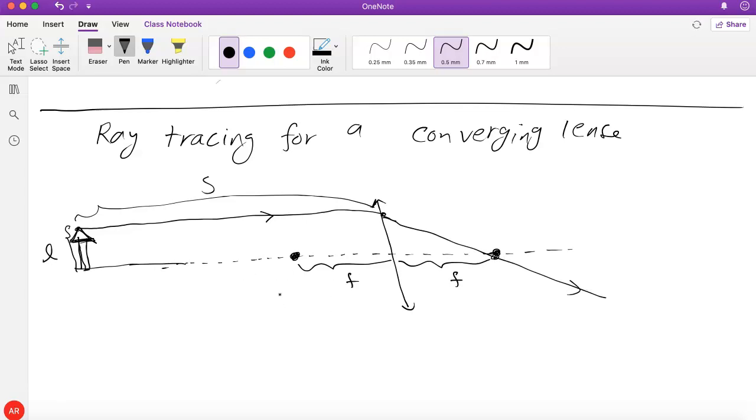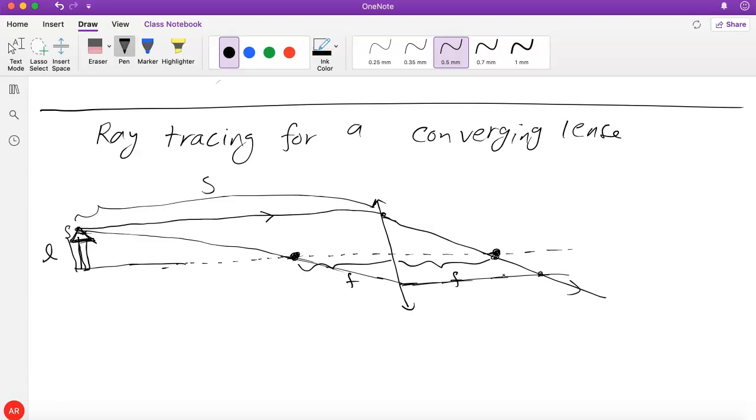I can similarly draw a ray that goes through the focal point on this side, and then on the other side it would move parallel to the axis. So it does that.